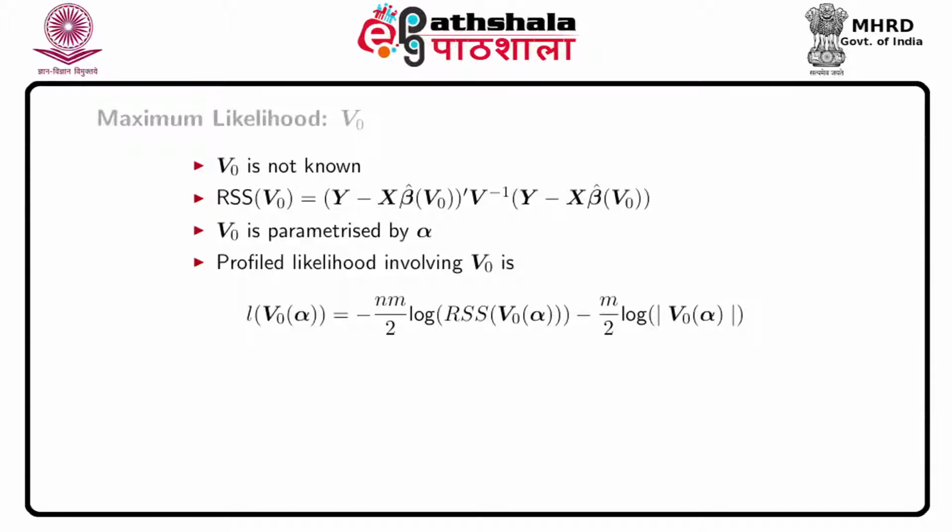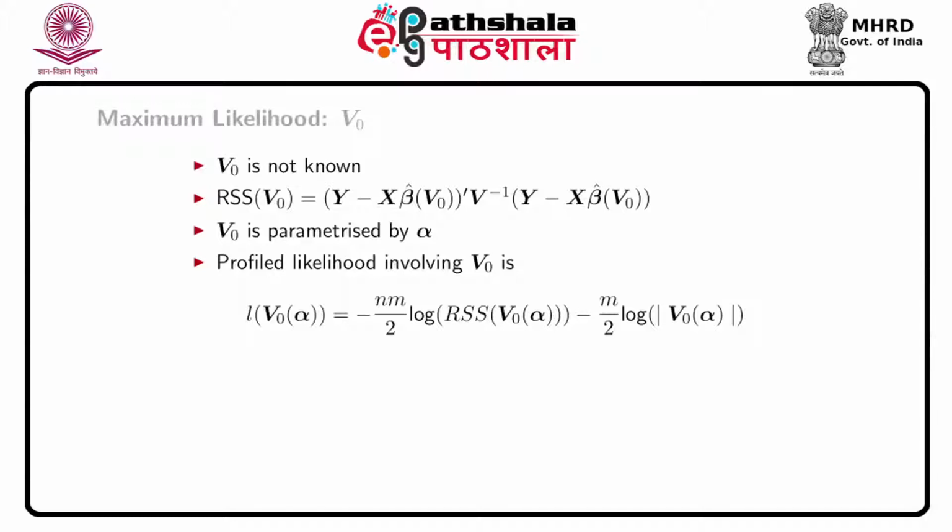Now, if we find the maximum likelihood estimate for sigma, it comes out to be sigma hat, again a function of V naught, which is RSS V naught by Nm. Now, we started with beta, sigma and V naught, then we substituted beta hat V naught and obtained the estimate of sigma hat V naught, and now we are substituting beta hat and sigma hat in the log likelihood, and the remaining log likelihood would be a function of the unknown V naught.